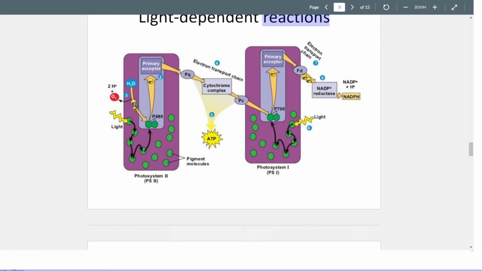We only need the H, we don't need the oxygen, so we give it away for us to enjoy. The hydrogen donates electrons. These electrons get powered up by the photons and go to the electron transport chain.